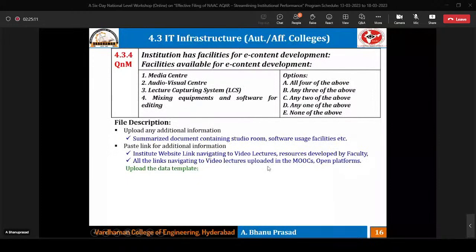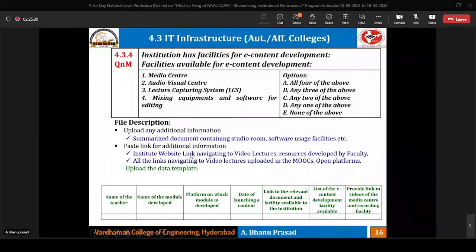So having a studio room gives more credibility for the faculty and students, so even though they miss the class, they can download or go through the resources. So here it is asked for the data template.